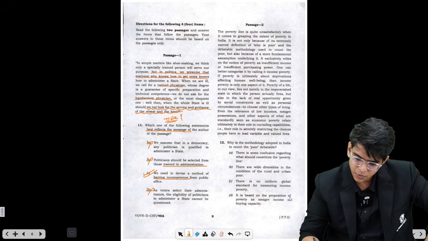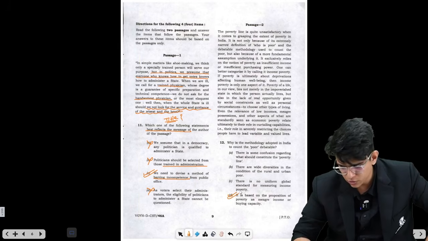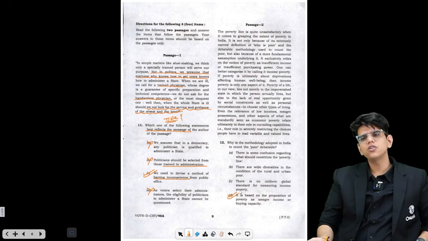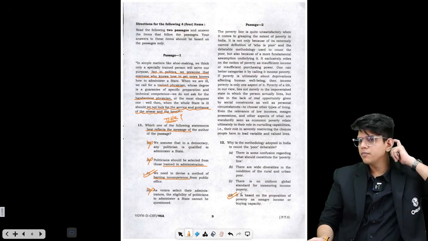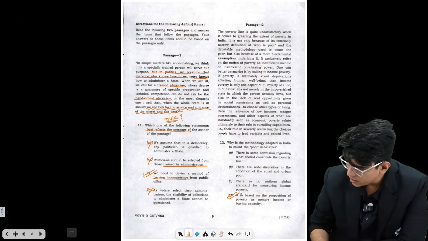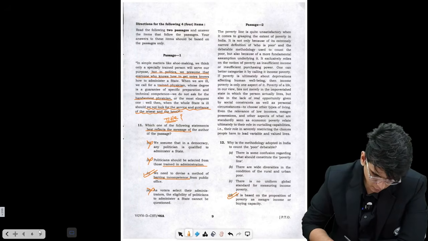It is based on proportion of poverty or mere income and buying capacity. So this is what is used. Okay, when you read the passage, you will find out it is based on the proposition of poverty of meager income or buying capacity and nothing else. Okay, done. Chalo, let's move to next.